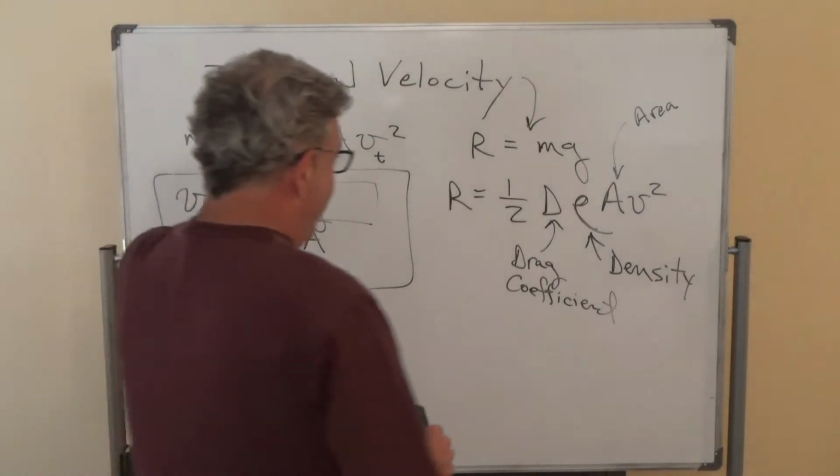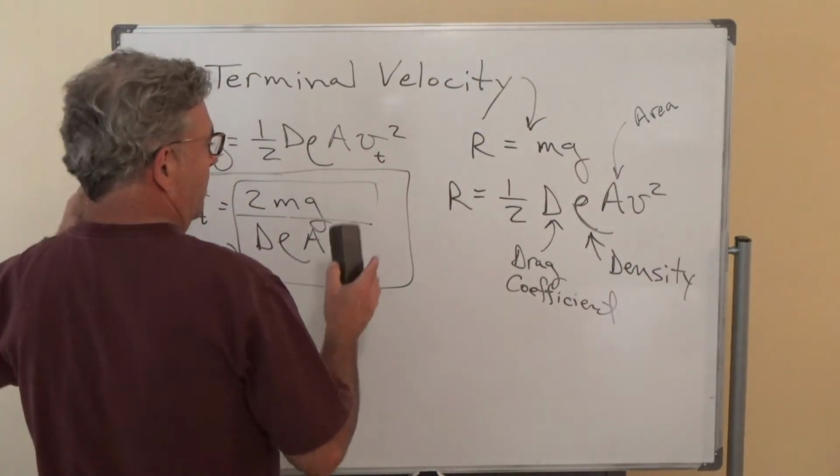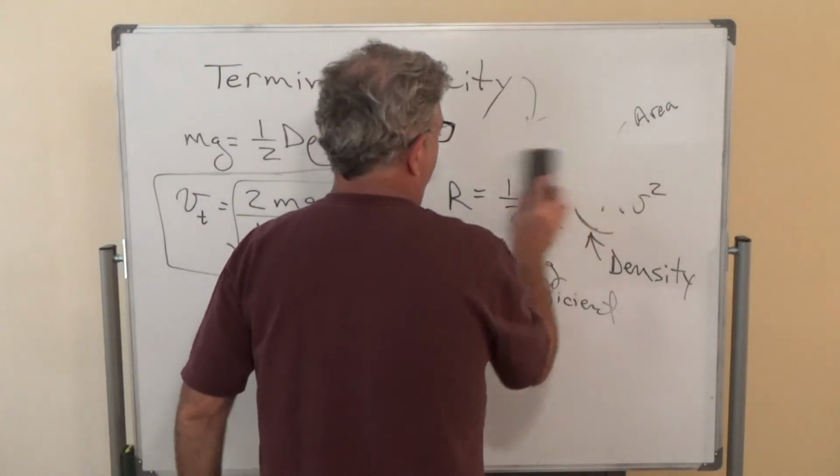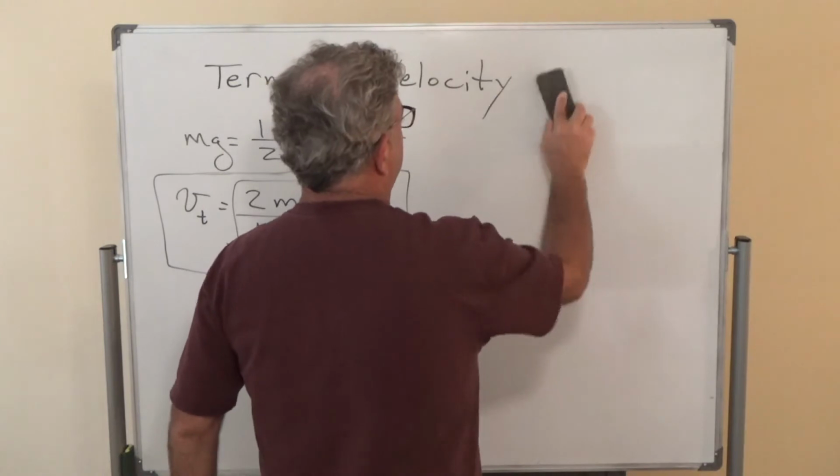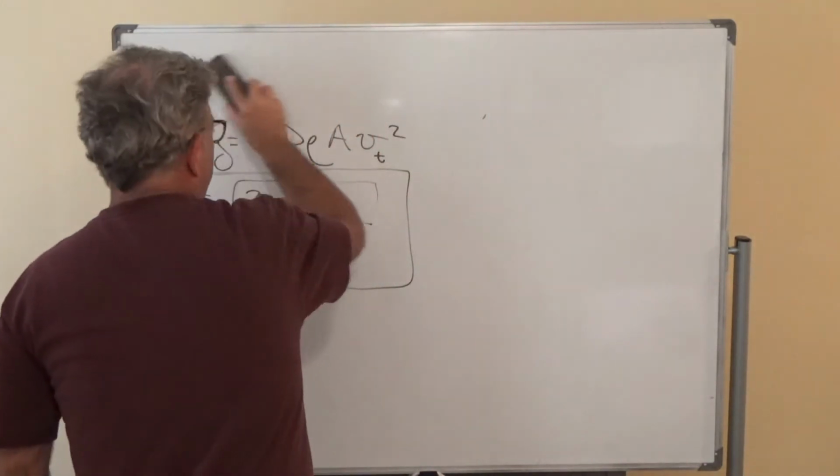Sorry about that. Okay, so let's calculate the terminal velocity for an object like a person moving in air.